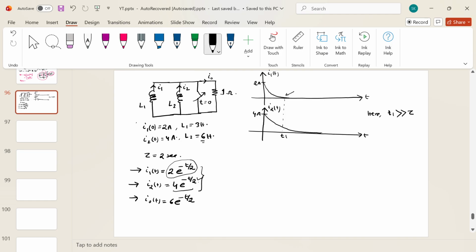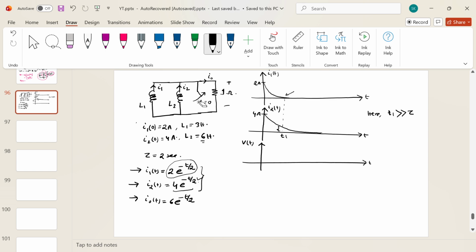So basically, the moment you are getting zero current at I1, you are getting some non-zero current at I2. And if I draw the voltage equations, the voltage across all the three elements is the same.